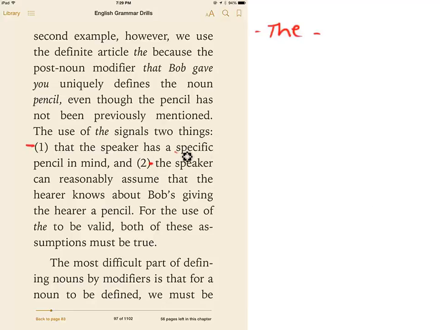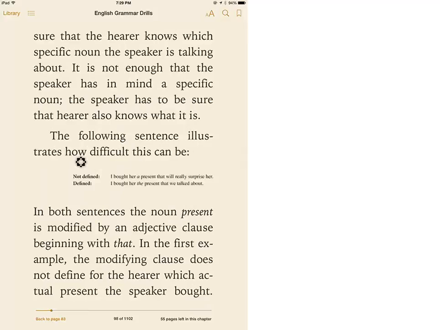The speaker has a specific pencil or noun in mind, and the speaker can assume that the person he's talking to also has the same pencil in mind. Okay, so the pencil that Bob gave you. All right, so we both have the same pencil in mind. Okay, that's not always going to be clear. Here's the word.